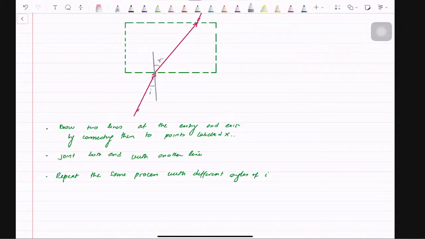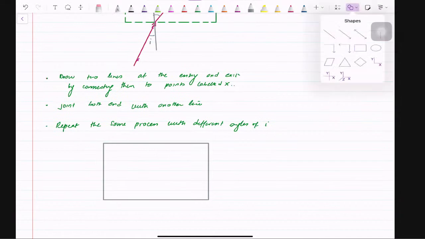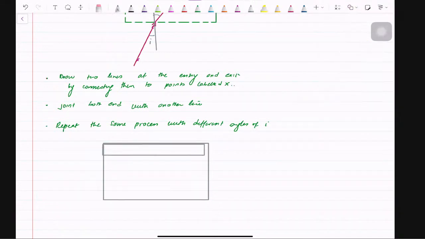And you can take multiple angles like this. So you're taking angle of incidence and angle of refraction, okay? And you can keep on repeating this, right? Yes.